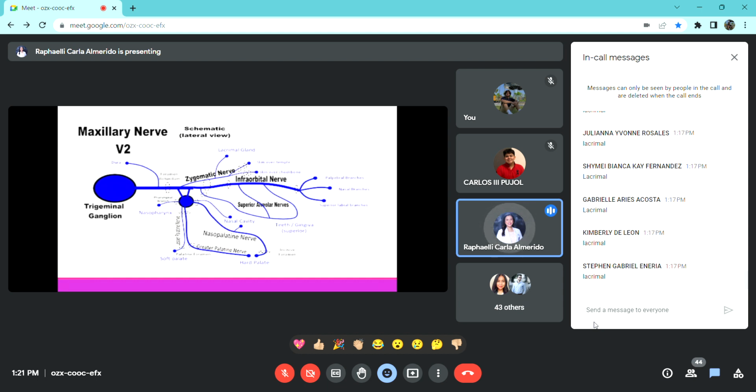And then all the rest are going to the anterosuperior, anterior, and inferior region. Okay, and like the trigeminal ganglion, you will notice a ganglion also somewhere that branches out from the maxillary nerve. So later we'll see what that ganglion is.